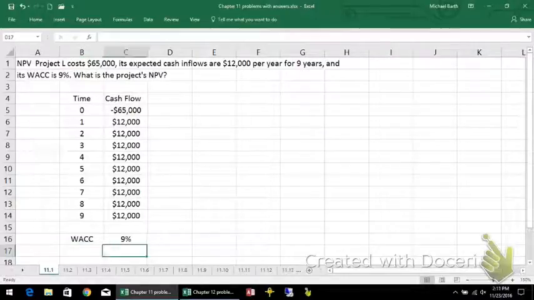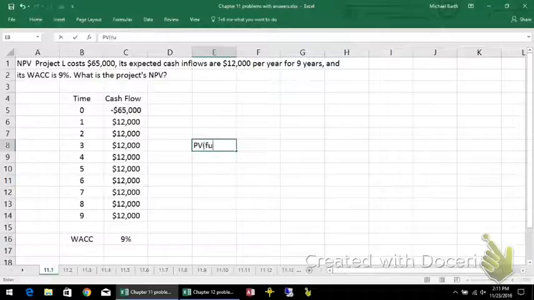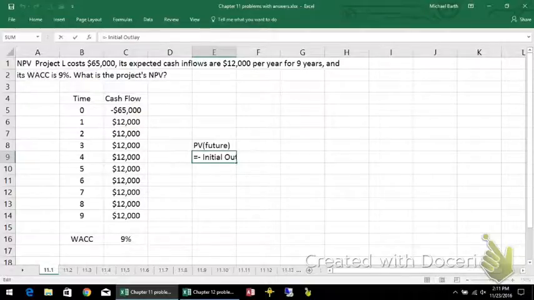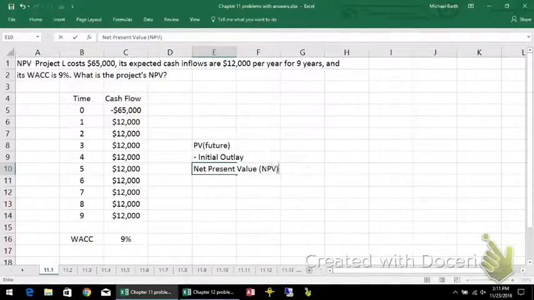So the net present value would be the present value of the future cash flows minus the initial outlay. And that gives you the net present value, or NPV.